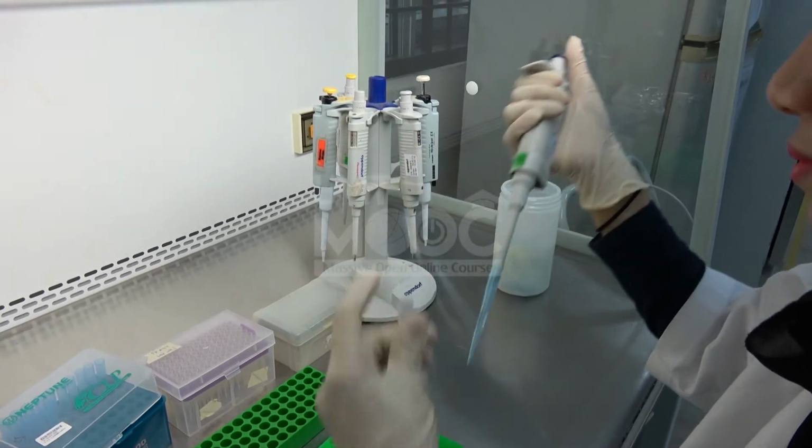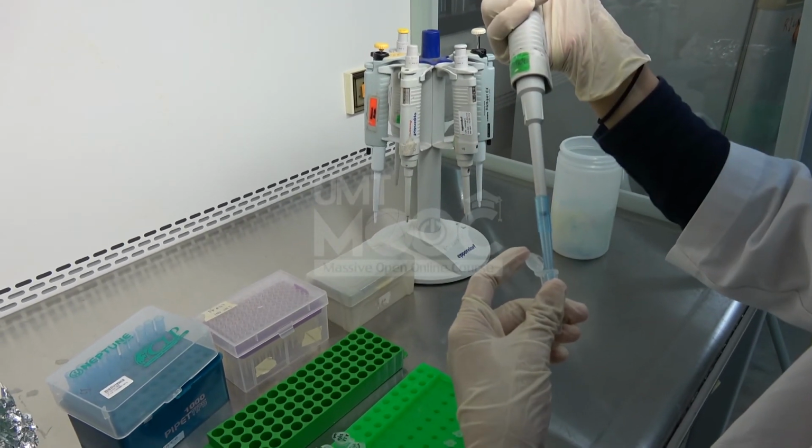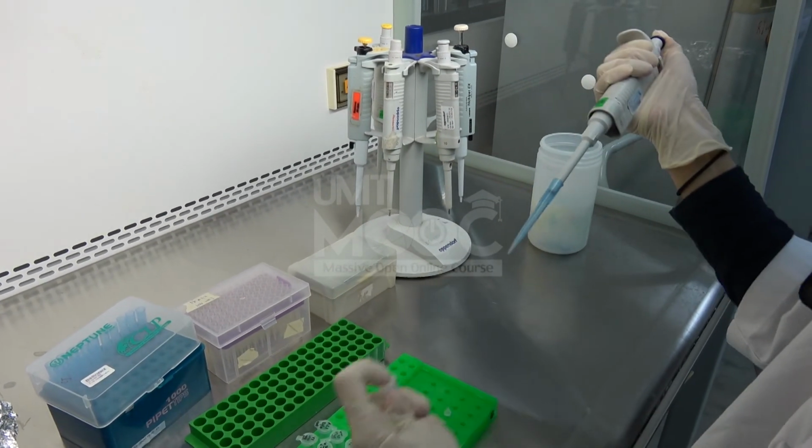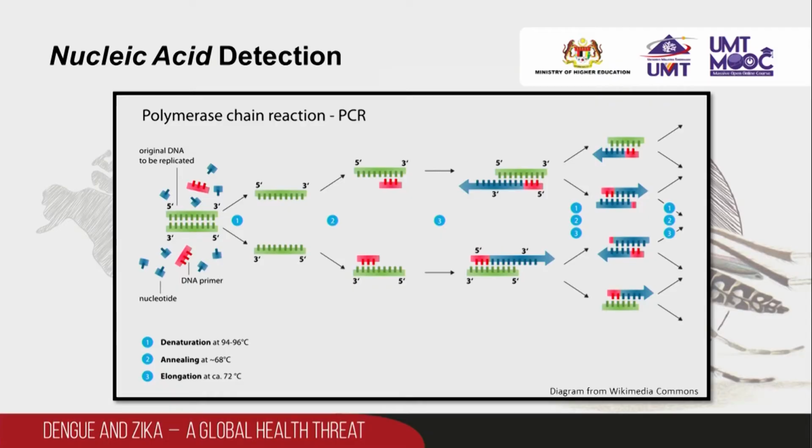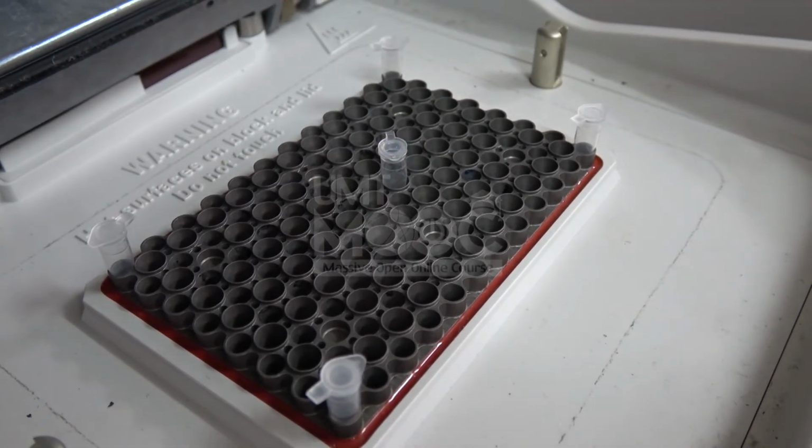That includes reverse transcriptase polymerase chain reaction and real-time polymerase chain reaction or RT-PCR. Since antibodies are detected later, RT-PCR has become a primary tool to detect virus early in the course of illness.